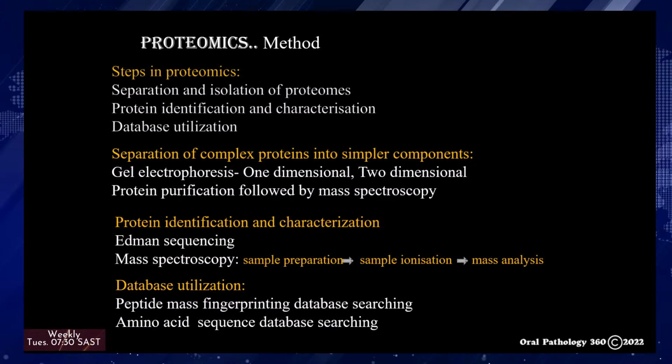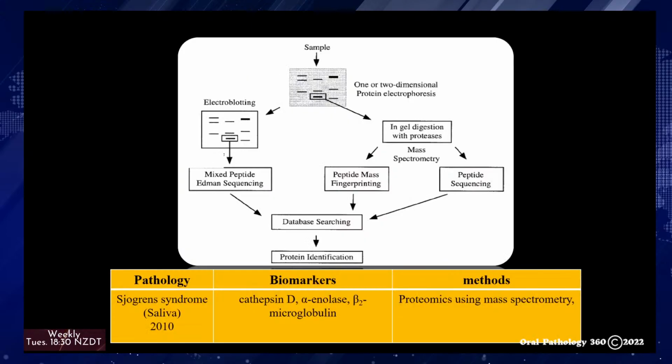In proteomics, the process includes separation of the protein, identification and characterization, and finally, utilization of the database. Proteomics is a revolutionary technique that has been used in medicine, including drug and biomarker discovery.